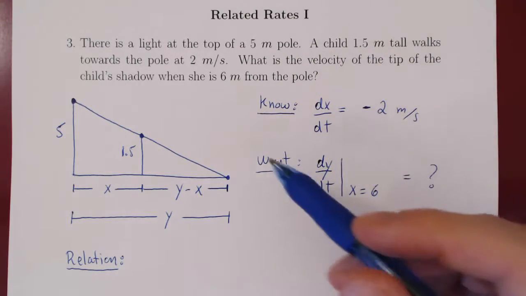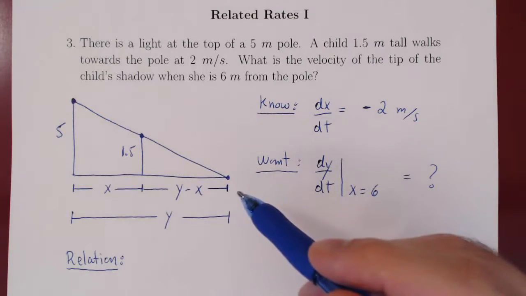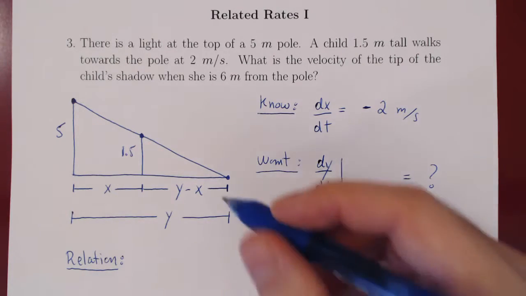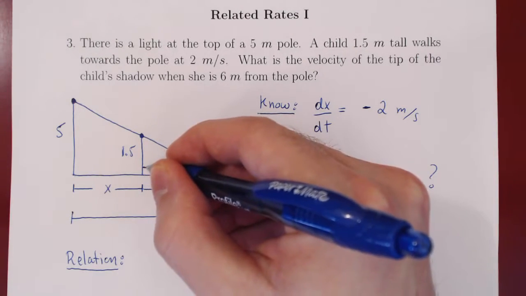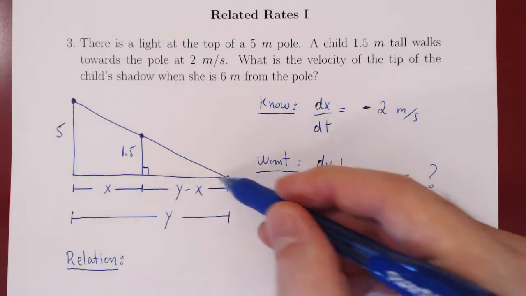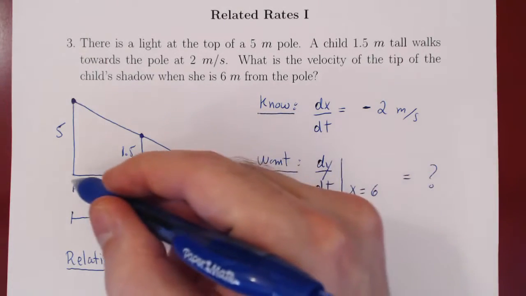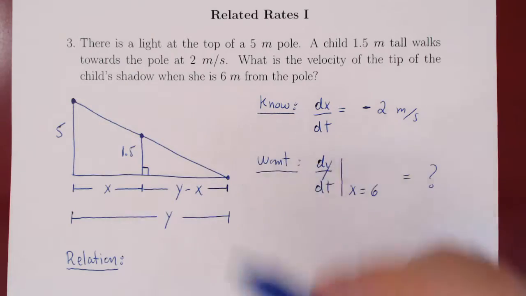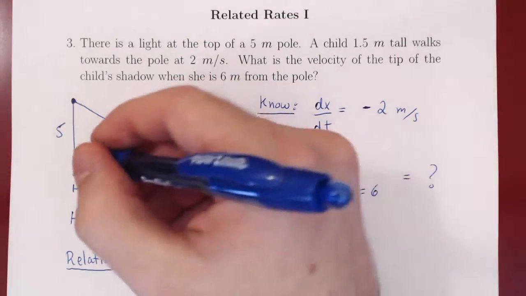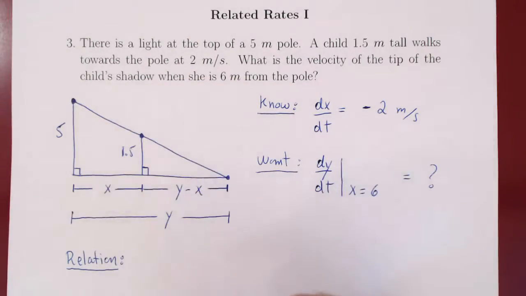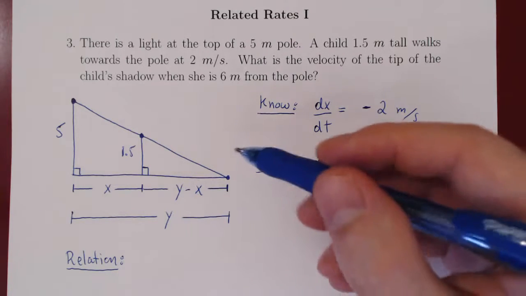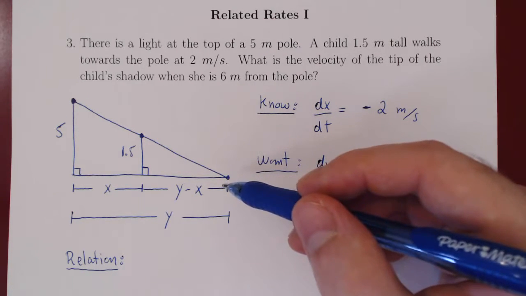Let's not introduce them. But look at the geometry of the picture. There are here two triangles. There's a small triangle, then there is the larger triangle. And both are right triangles. And if you look, there are also similar triangles.